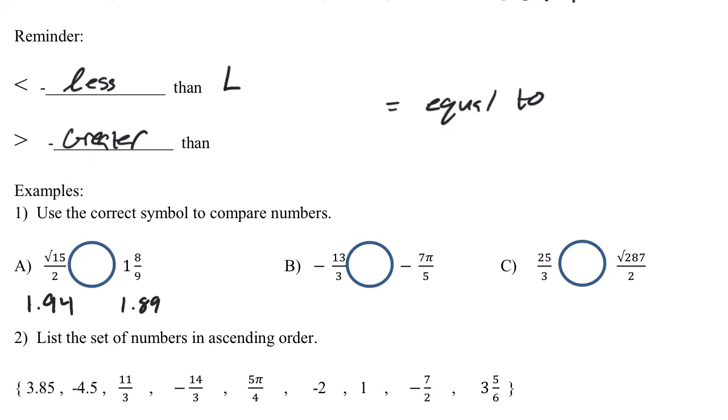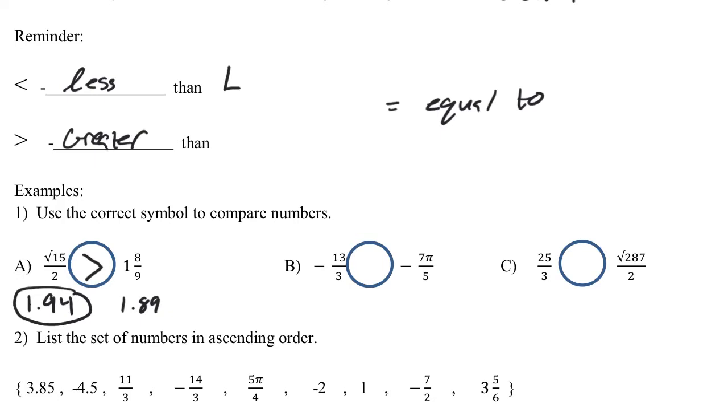So which one of these is larger? 1.94 is larger. If you ever forget which symbol to use, just remember the open side always goes towards the bigger one. So I'm going to put the open side towards the bigger number, 1.94, and we are using a greater than symbol.